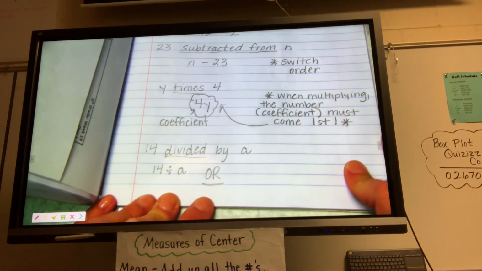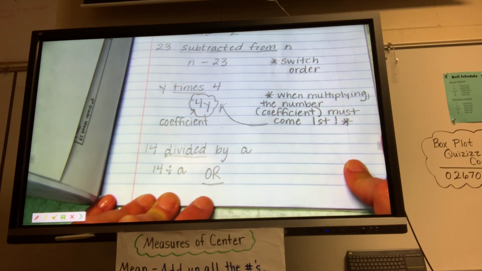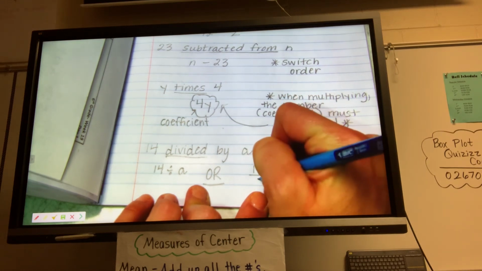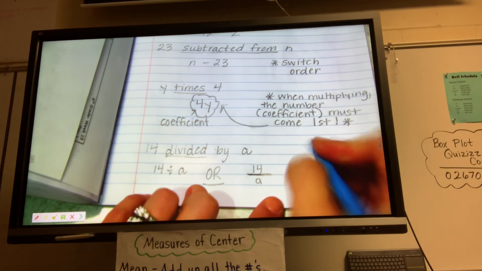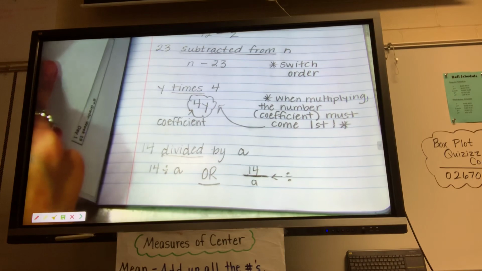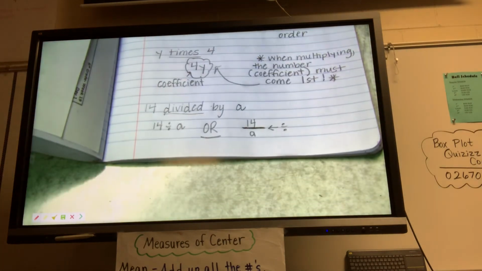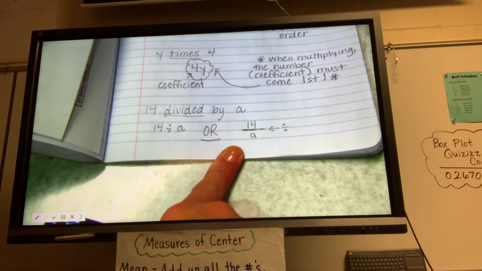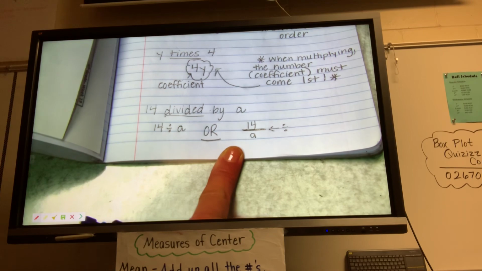Does anybody know? What do you think, Victor? No, that's multiplying. What do you think, TJ? 14A, that's multiplying, remember? So we're dividing, Alexia. Very good, a fraction. Because remember, we're going to put 14 over A, because what is that fraction bar? Division symbol. So we can use a fraction as well. So 14, obviously with a divided by symbol, A, or 14 over A. Because that reminds us that this is division.